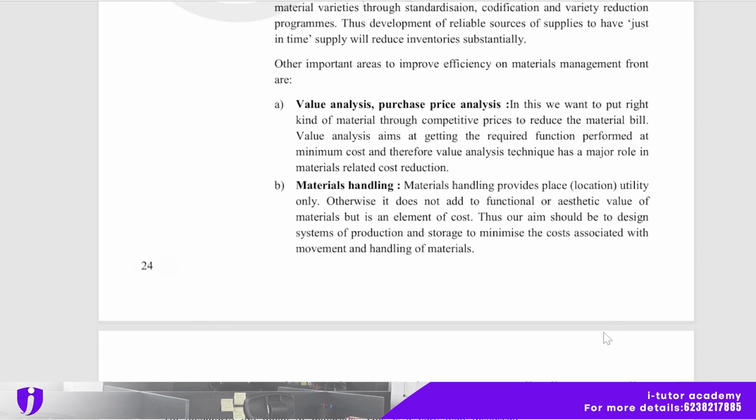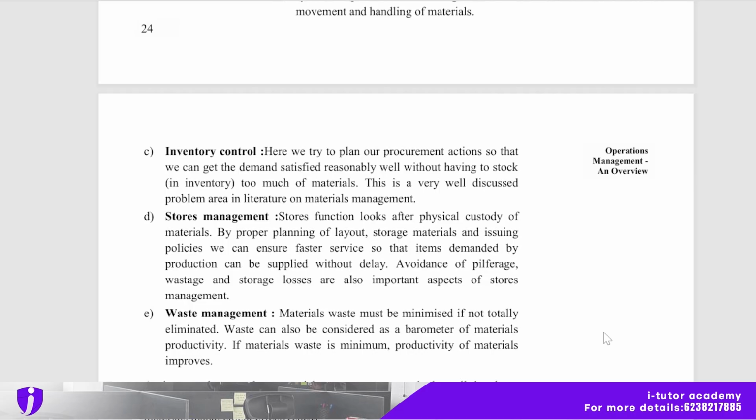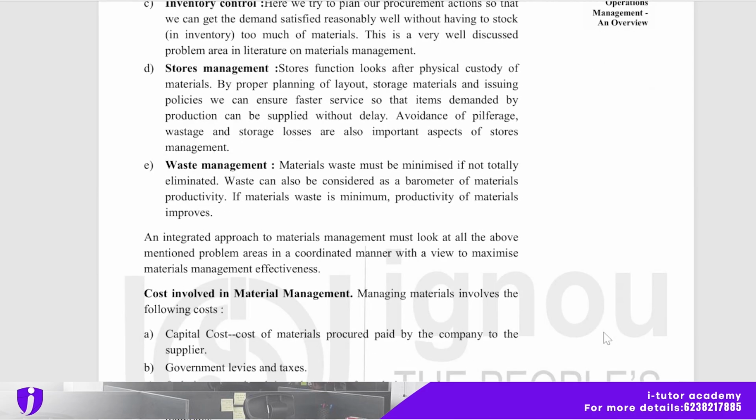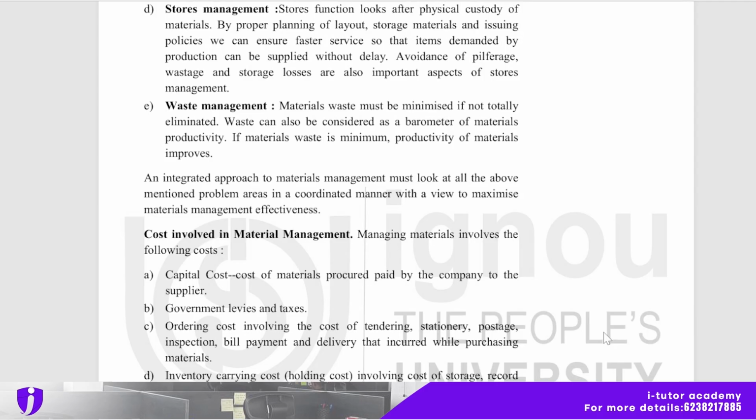Another important area to improve efficiency on the material management front is value analysis, purchase price analysis, materials handling, inventory control, store management, and waste management. An integrated approach to material management must look at all the above mentioned problem areas in a coordinated manner with a view to maximize material management effectiveness.